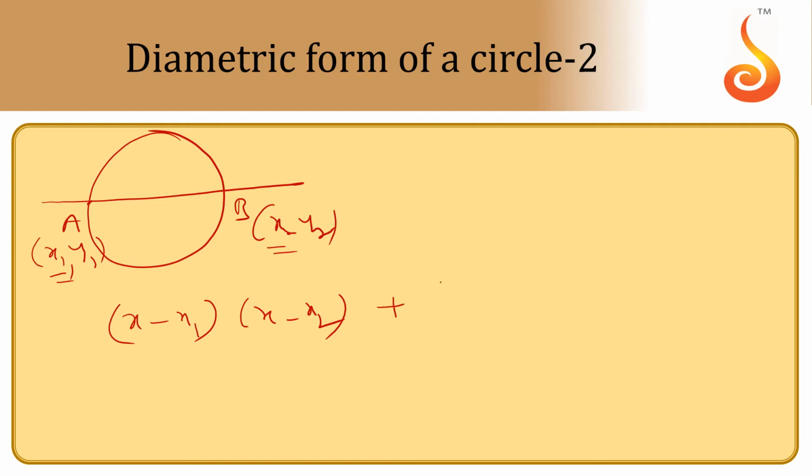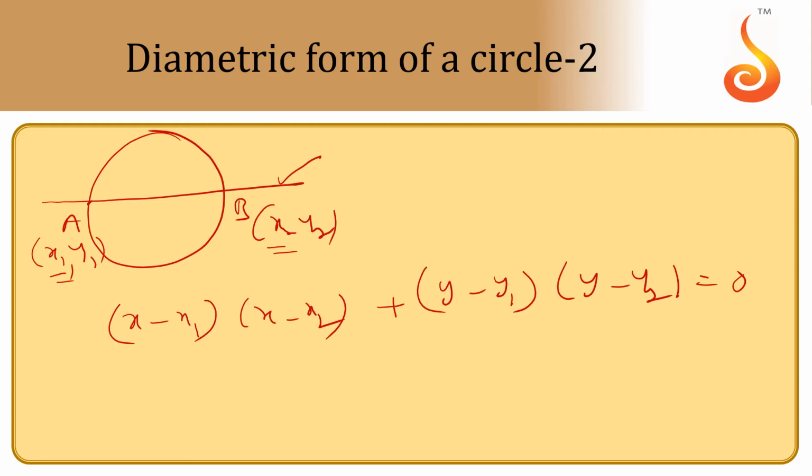Similarly, y minus y1 into y minus y2 equal to 0. See, it is the same formula as in the previous explanation. What I did there, using the angle in a semicircle being 90 degrees, I developed a formula, but I am looking at it in a different dimension, as if this is a chord or one line equation.